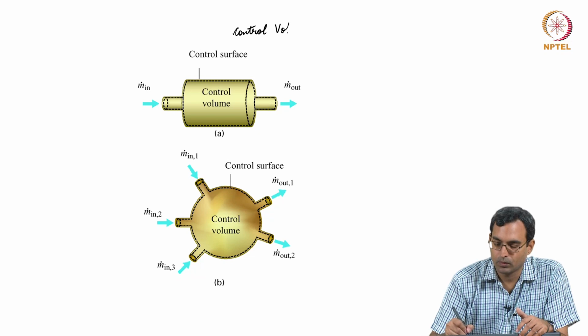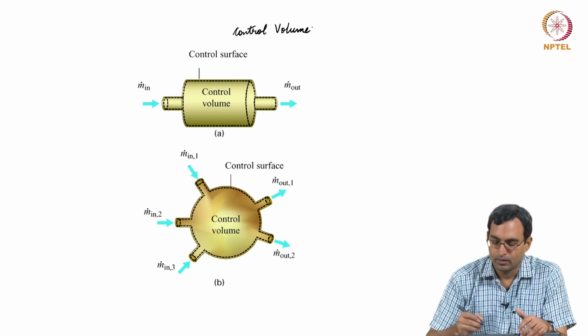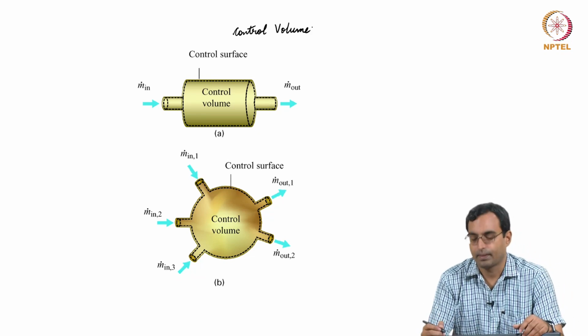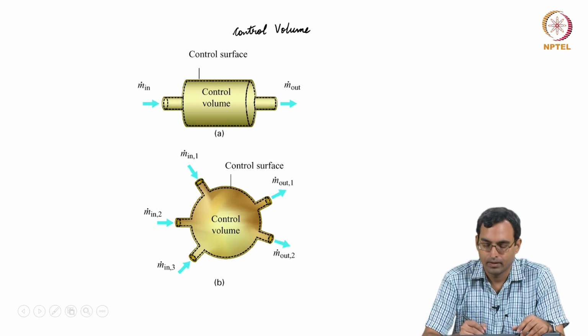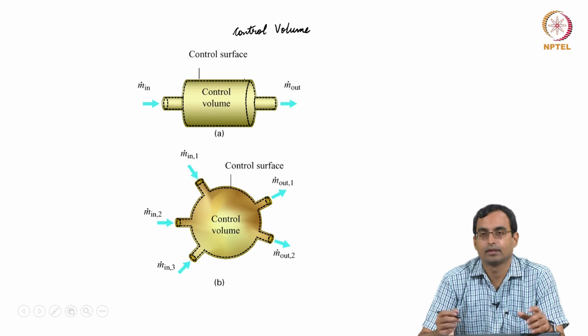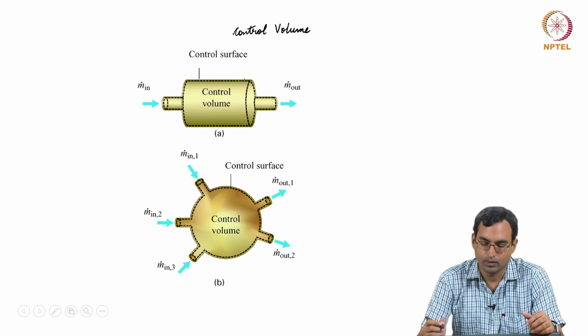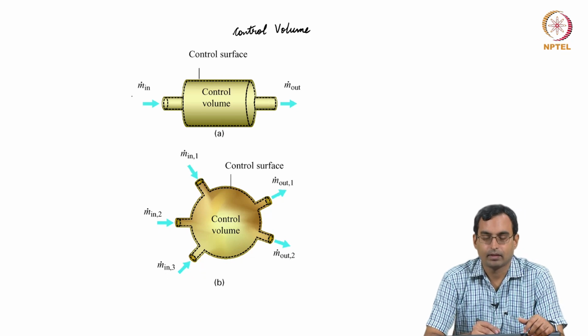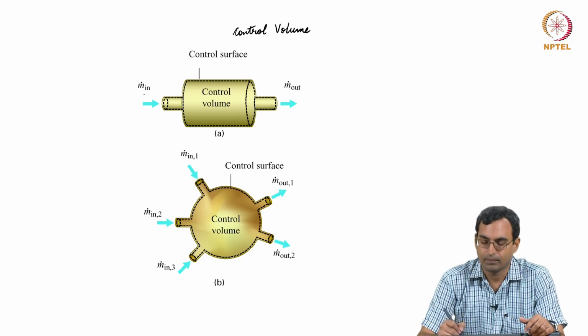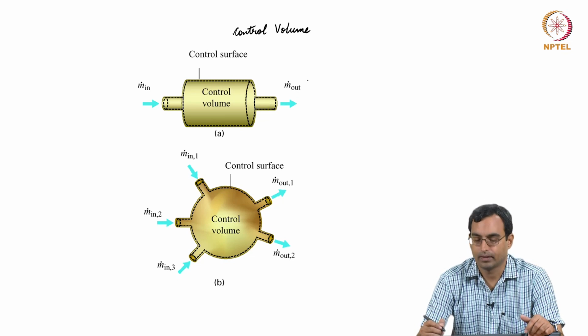So, we are going to do control volume analysis. So, let us say you have some arbitrarily shaped volume, it can be either like this or any other shape. We can draw a control surface which sort of demarcates our volume, and let us say you have some mass which is coming in, the rate at which it is coming in is m dot in, you have mass going out, the rate at which it is going out is some m dot out.